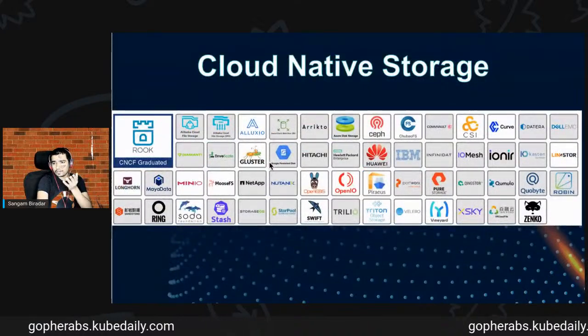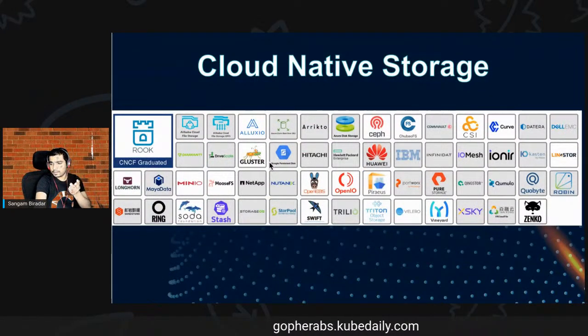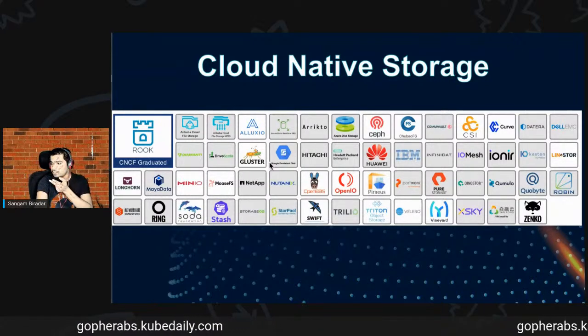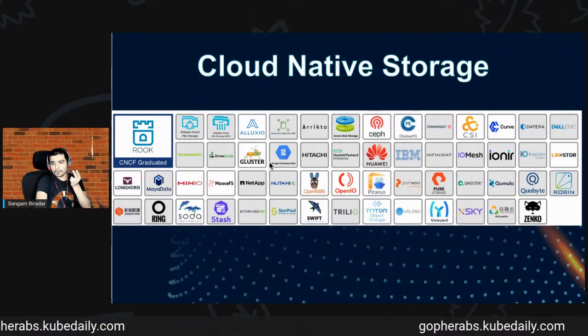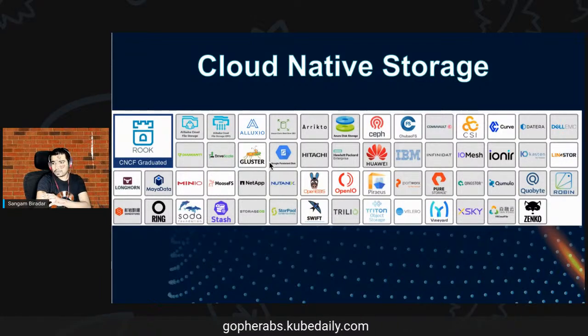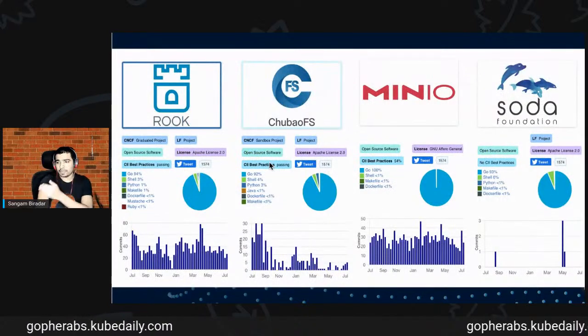So moving forward to cloud native storage, my favorite cloud native storage is OpenEBS, created by MayaData. And there are a bunch of other CNCF cloud native storage solutions you can see. This whole list is written in Go.